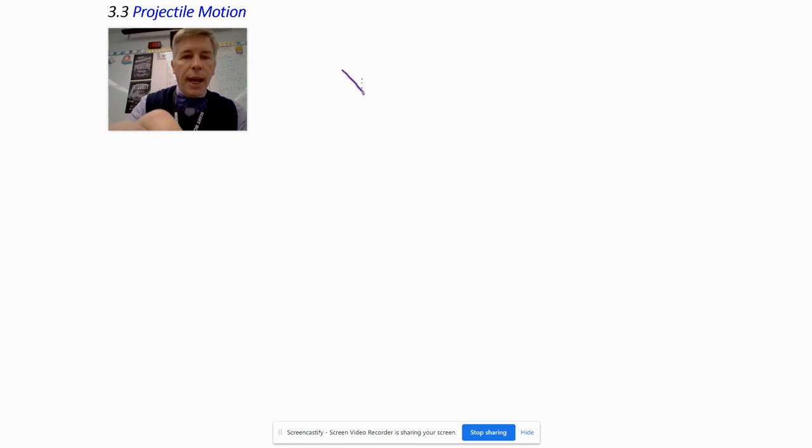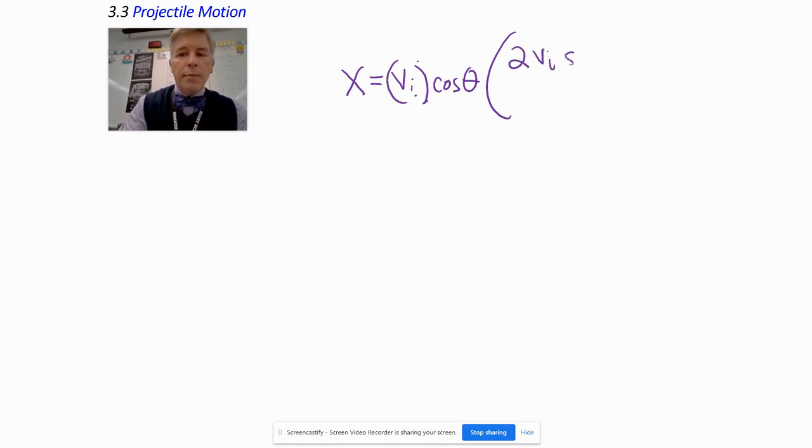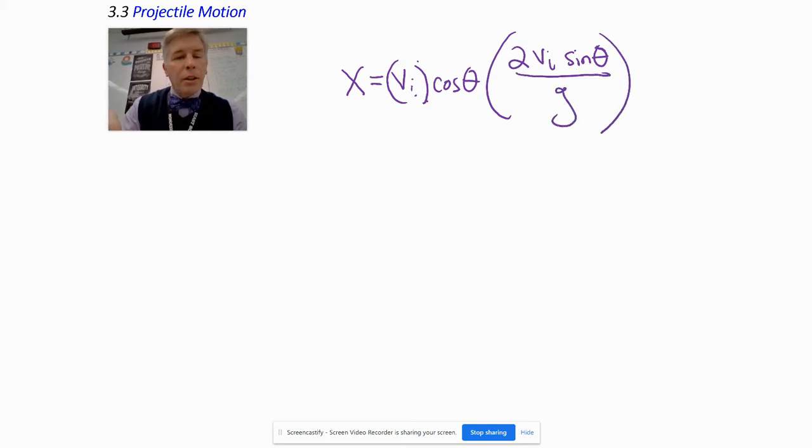So I've got the fact that x is equal to VI times the cosine of my angle, and then I have 2 times VI times the sine of the angle all over g. I'm going to set this up so it's actually solved for VI.